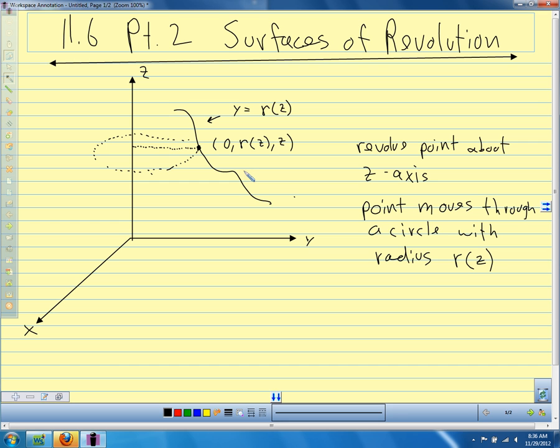Parallel to the xy plane, we get these circles with radius r of z.